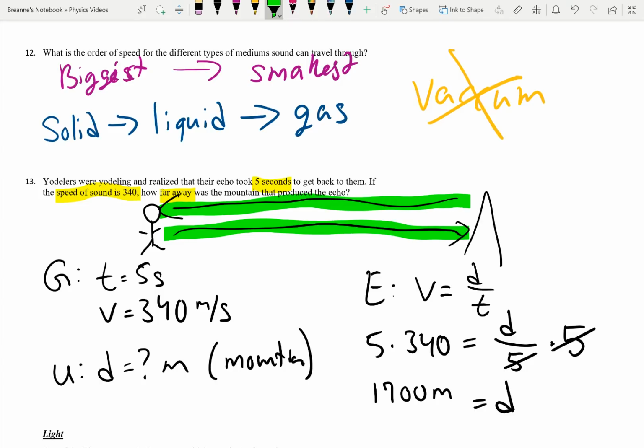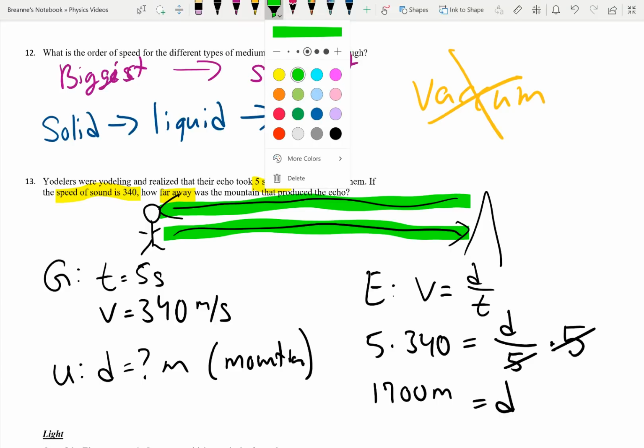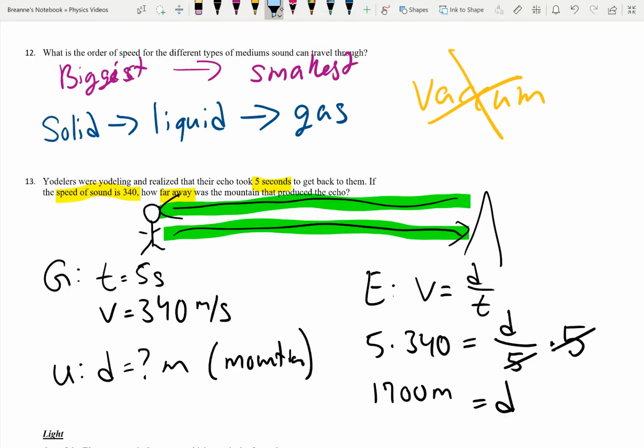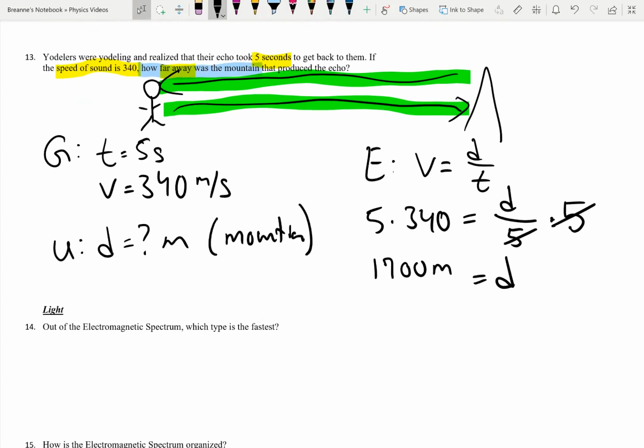That is the echo. But what is the question asking for? The question is asking for how far away is the mountain? So that's the distance of the echo. We want to know the mountain. So we have to divide that by 2, because the sound travels from you to the mountain and then from the mountain back to you.